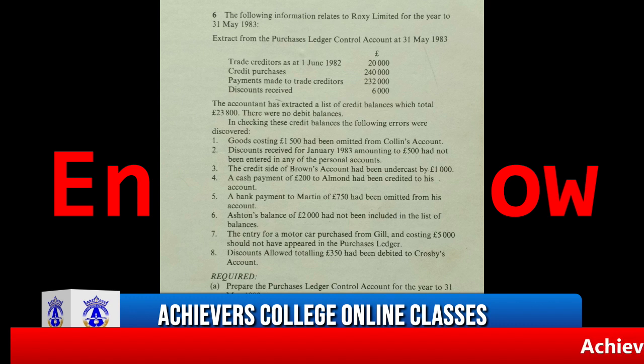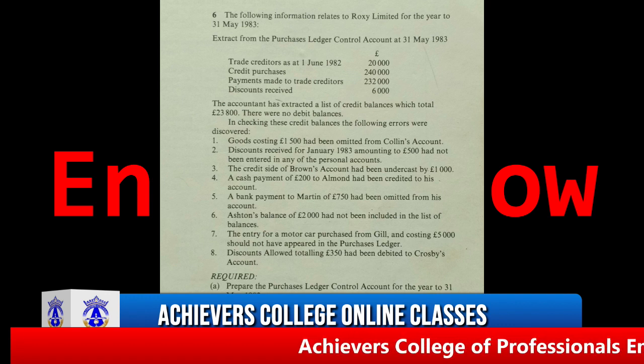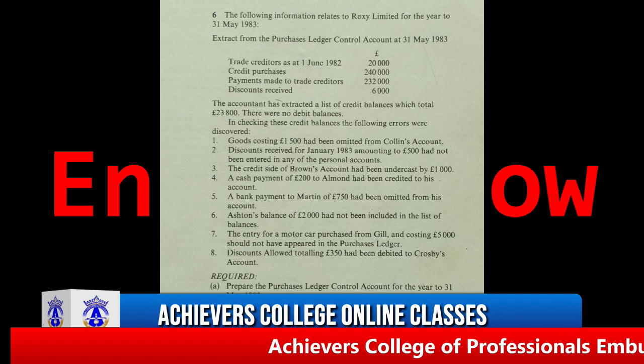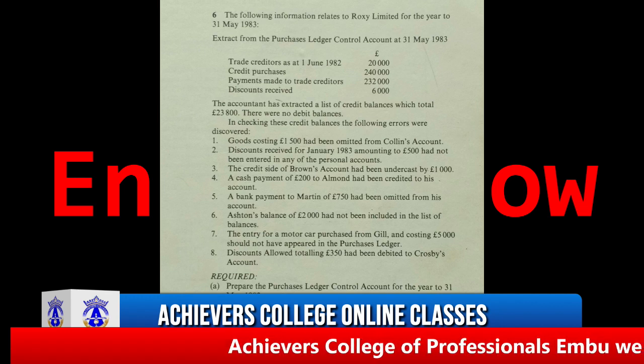Extract from the purchases ledger control account. Remember, this is the purchases ledger now, and we have the balances. Trade creditors as at 1st June 1982, remember that one is the first balance, 20,000. Credit purchases 40,000.